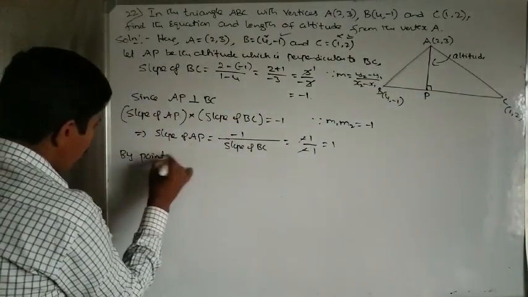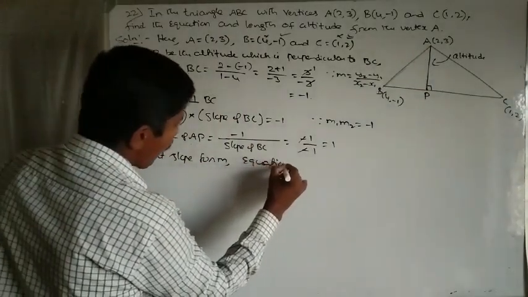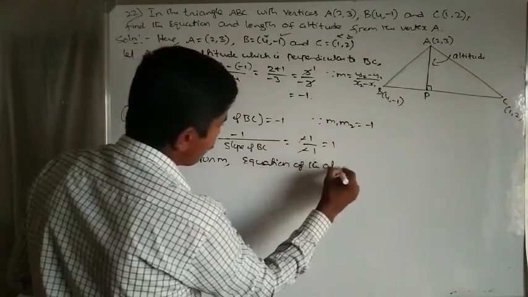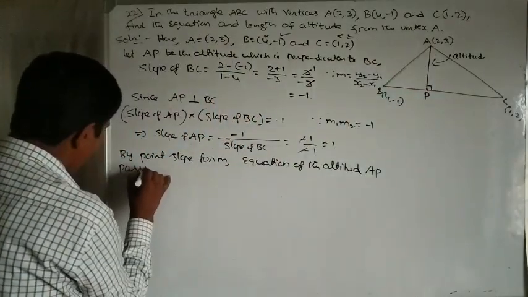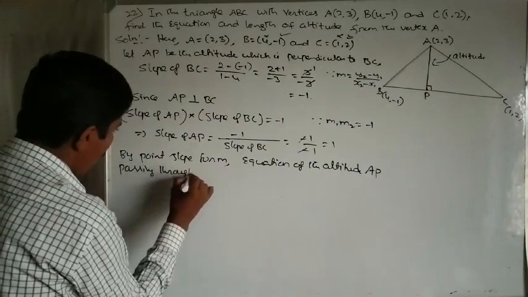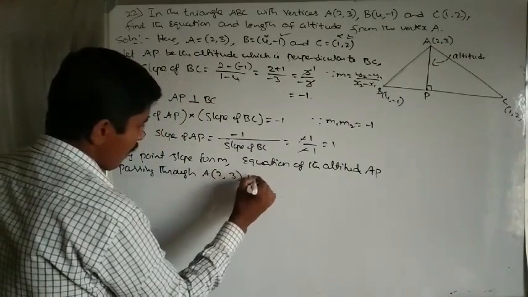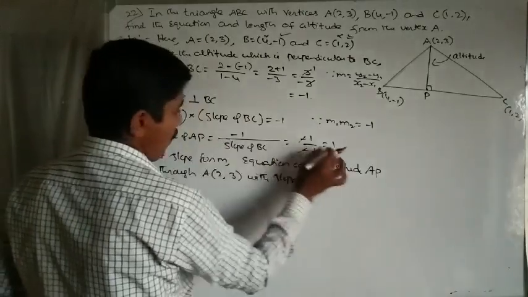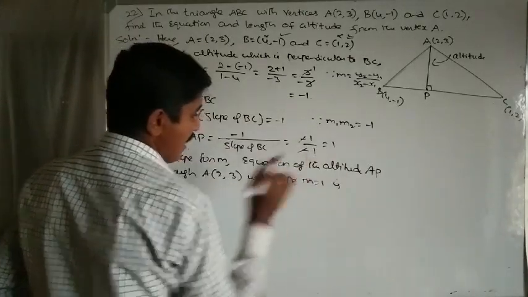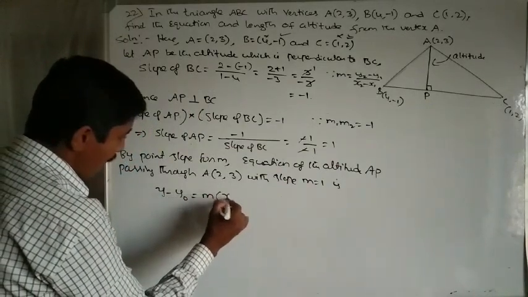By the point slope theorem, the equation of the altitude AP passing through the point 2, 3 with the slope of AP equal to 1 is given by y minus y naught is equal to m times x minus x naught.